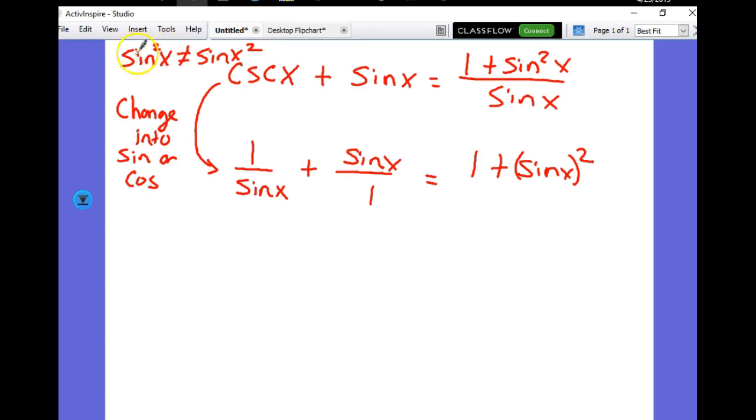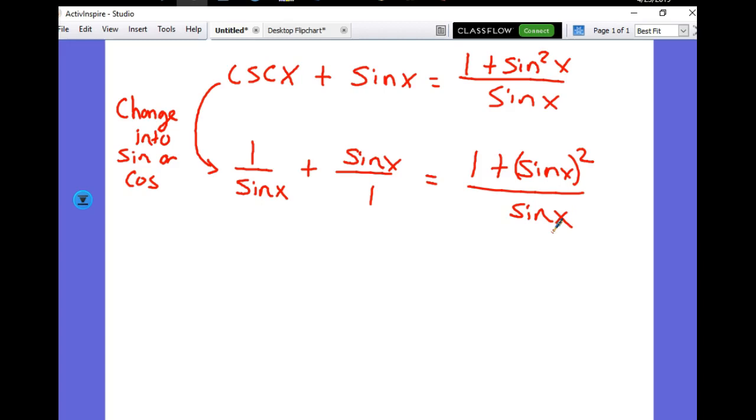This means you're squaring the entire thing. This means you're just squaring the x. Those are different things. But since we're familiar with and used to putting the square at the end of what we're squaring, to fix it, I rewrite it like that. You don't have to do that. I just do that for visual appeal. But just be aware of that. All right.